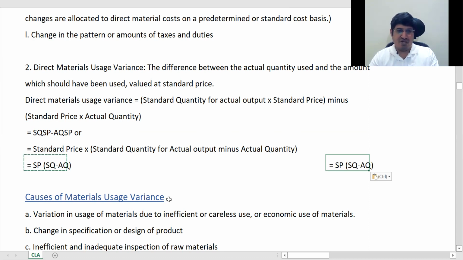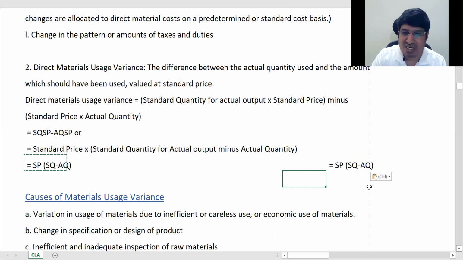So this is your usage variance. In usage variance, you are not finding out the variance due to price change, which is why you're multiplying by standard price. What you are seeing is standard quantity minus actual quantity. SQ is standard quantity, AQ is actual quantity.